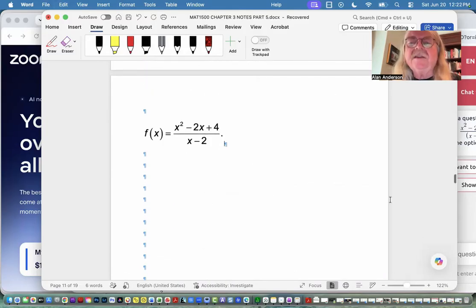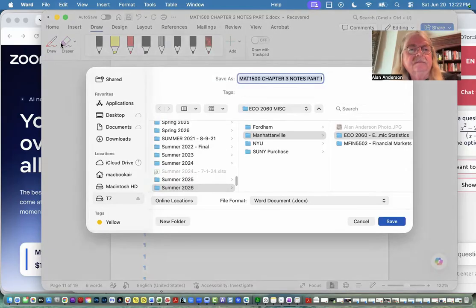All right, so we'll have to take the derivative of this function. Now, as you can plainly see, this is going to require the quotient rule. Oh my God, I don't know. That's a very scary sign. I better save that real fast.